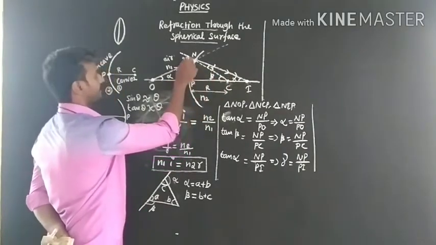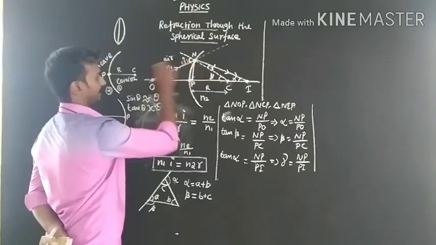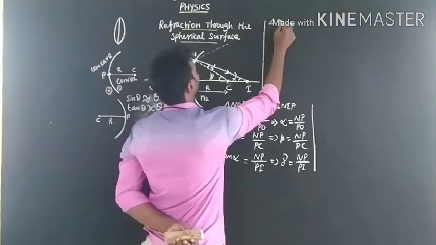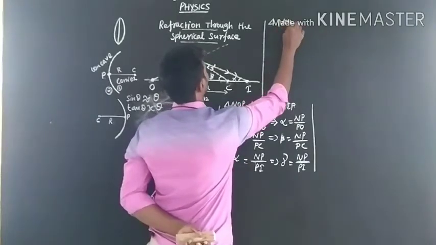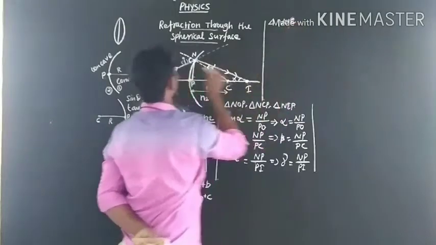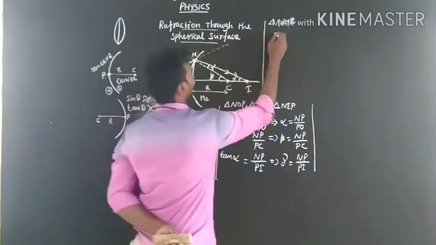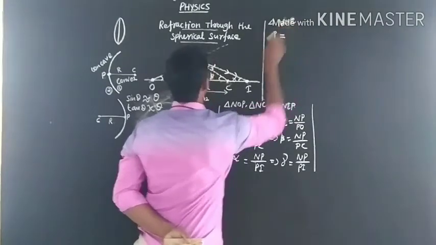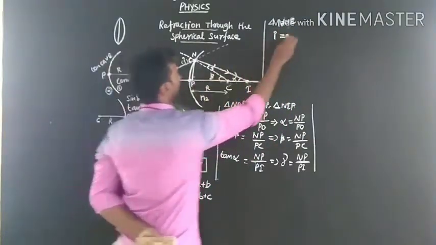The exterior angle is the angle of incidence i. So for the triangle NOC, the exterior angle i is equal to the sum of the two interior angles alpha and beta.